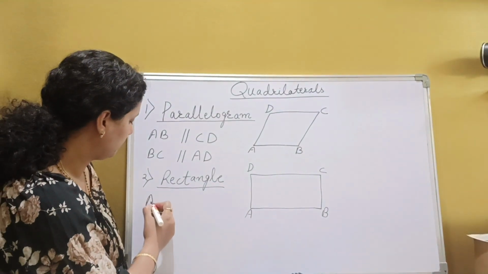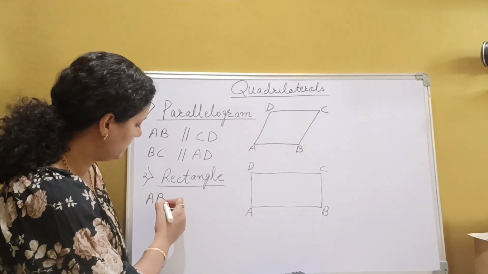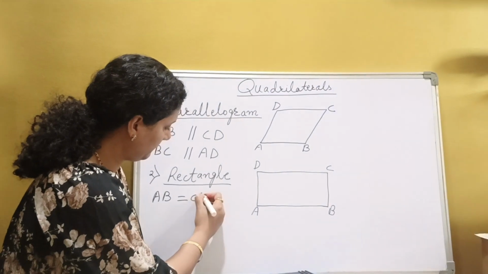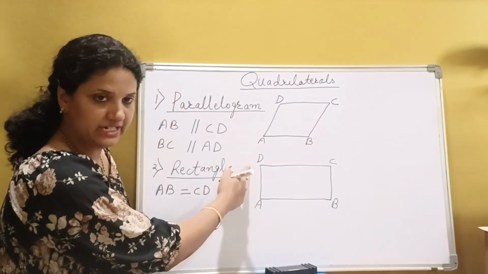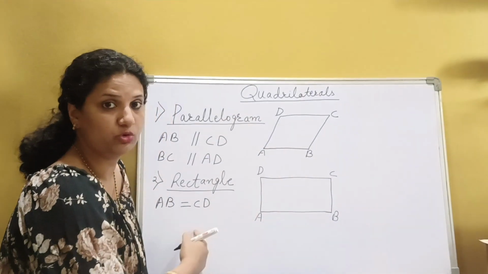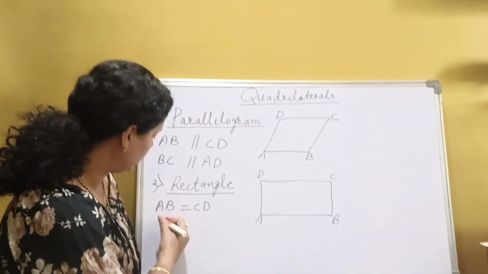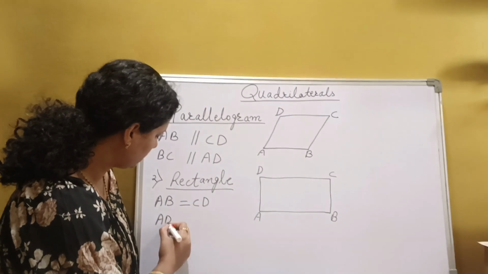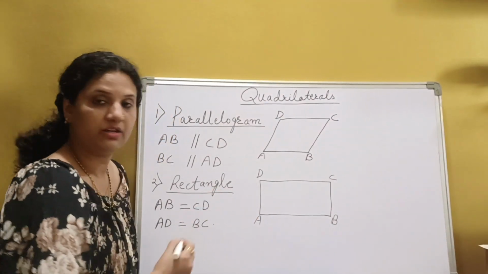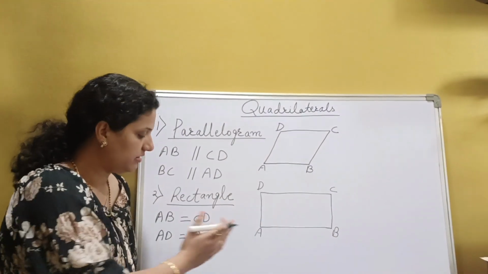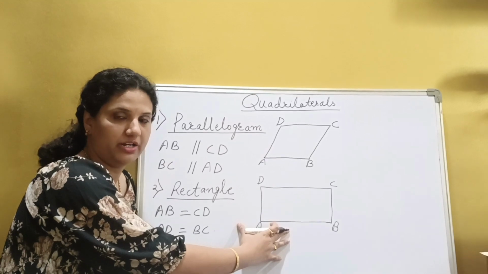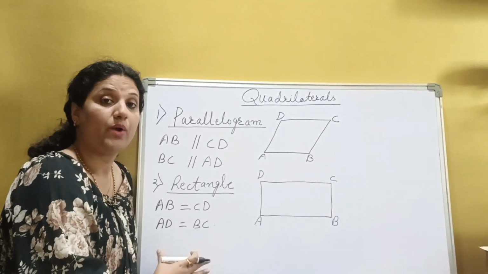It means side AB should be equal to CD or DC, and AD side and the opposite side of AD is BC. So BC and AD both are equal to each other. If this condition is applied to a quadrilateral, then we can call it a rectangle.